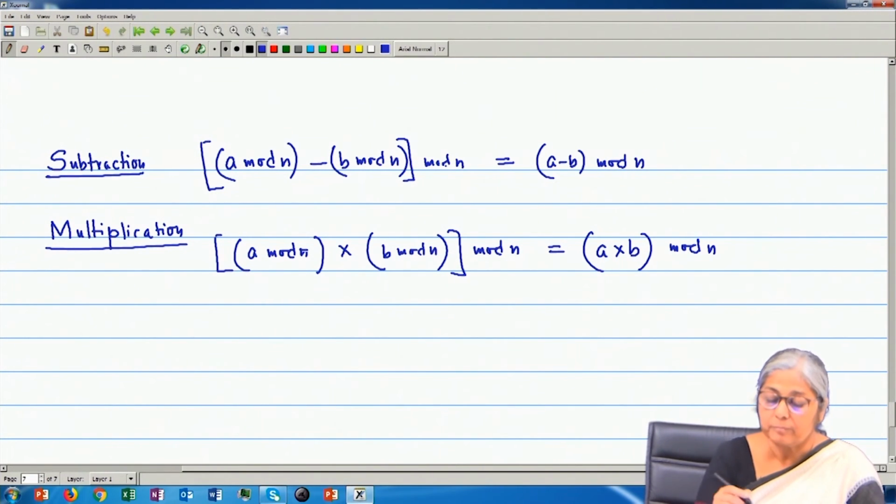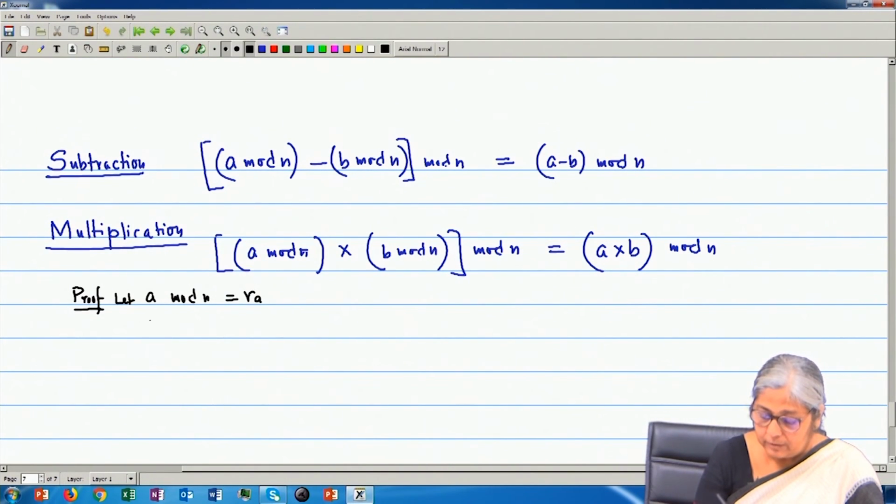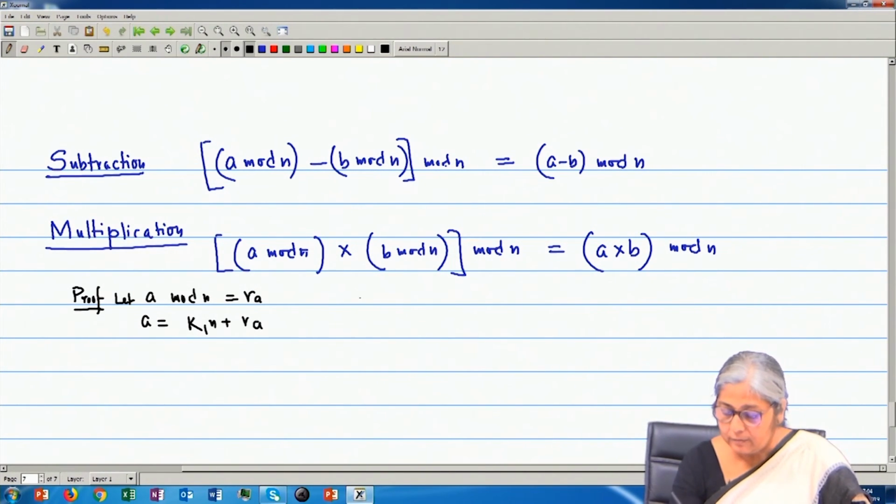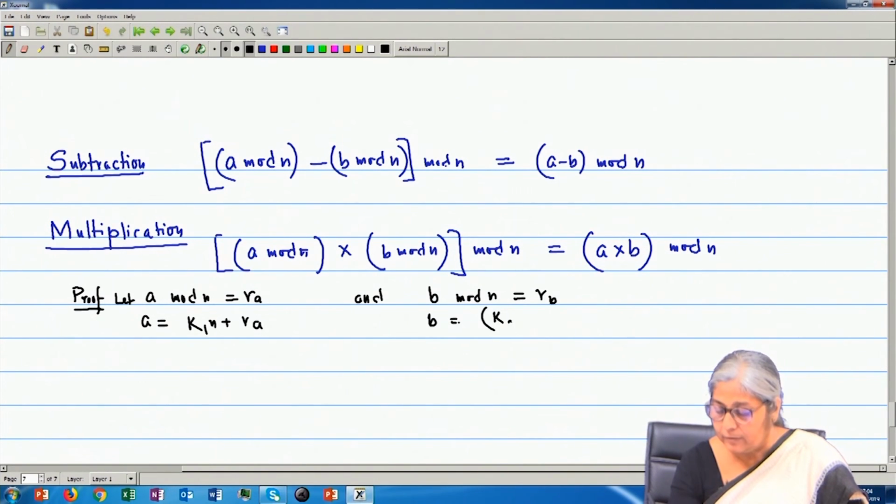The same way, let a mod n equal to r a, so a equals k 1 n plus r a, and b mod n equal to r b, so b equals k 2 n plus r b.